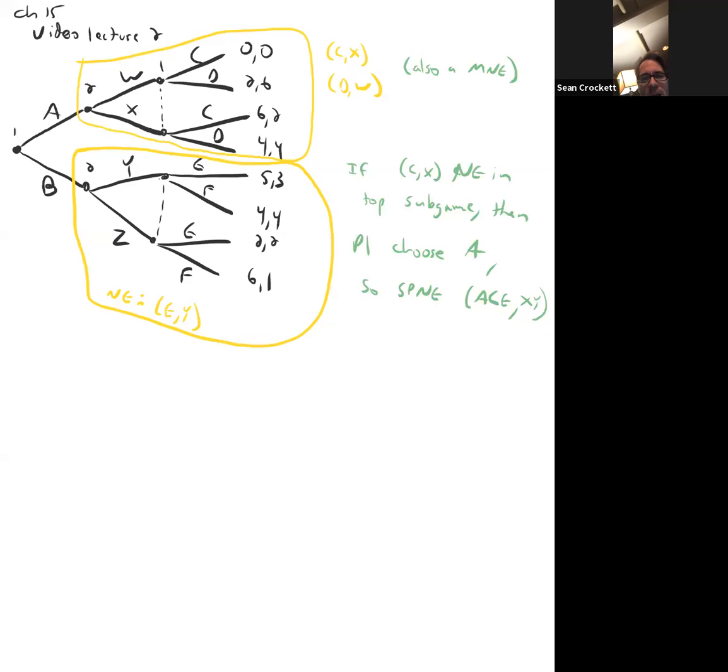Another one is if the top subgame is played in DW. If the top is played in DW, player 1 gets a payoff of 2, but by going B, he still gets a payoff of 5.